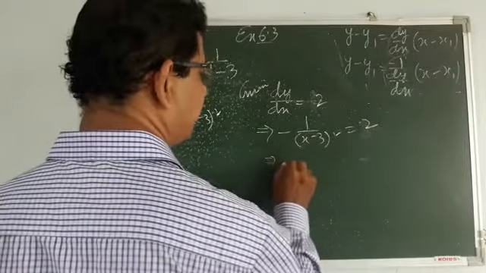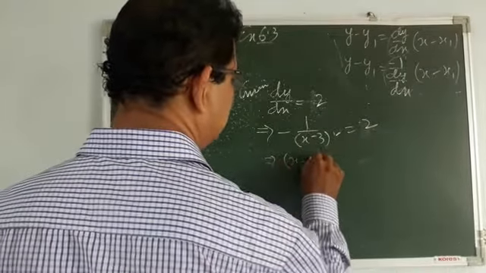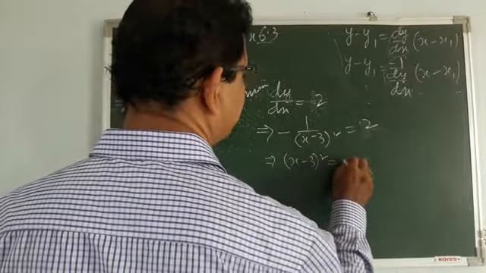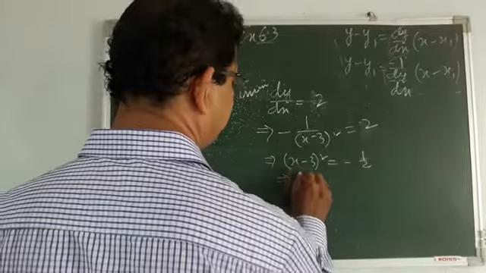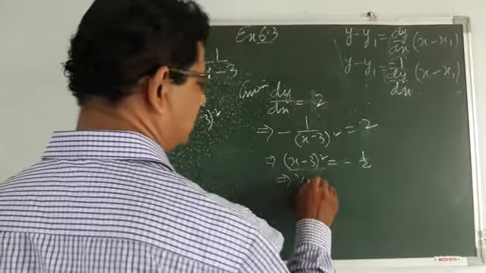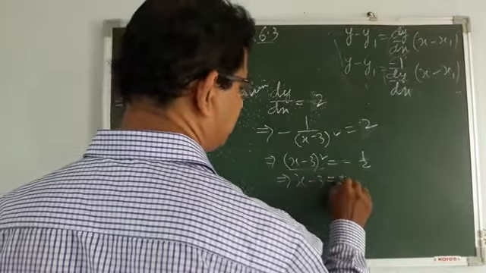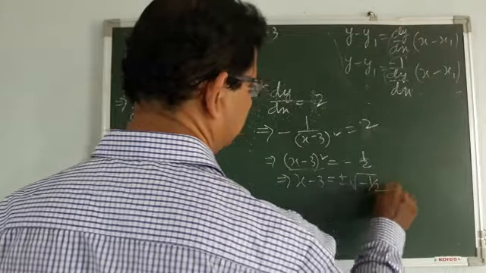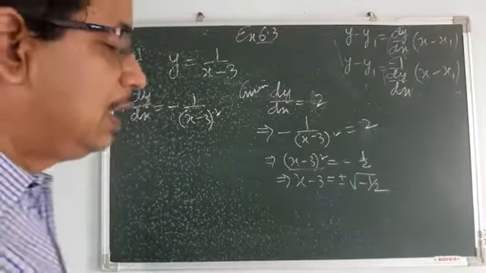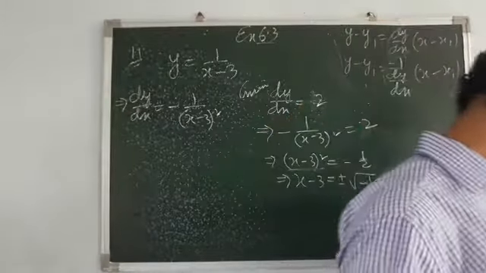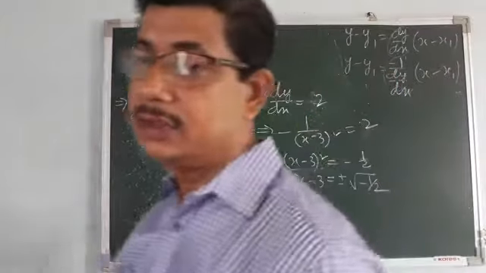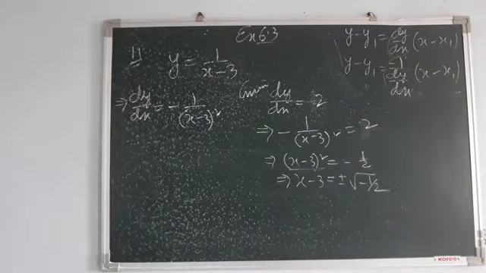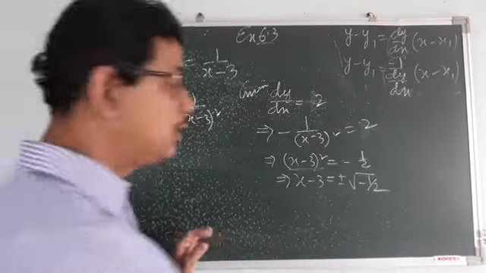This means that (x minus 3) whole square is minus half. Now it is a contradictory one. See, x minus 3 is plus minus root over minus half. As it is given, slope of the tangent is 2, the problem arises here: root over minus half is an imaginary number. And in application of derivatives, of course, we are considering all things which are real.